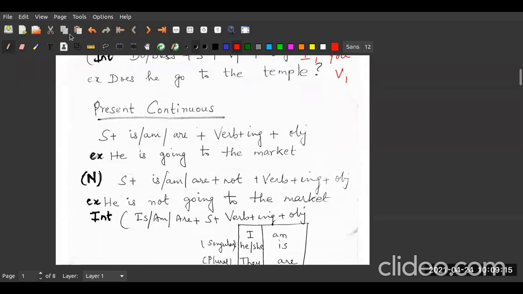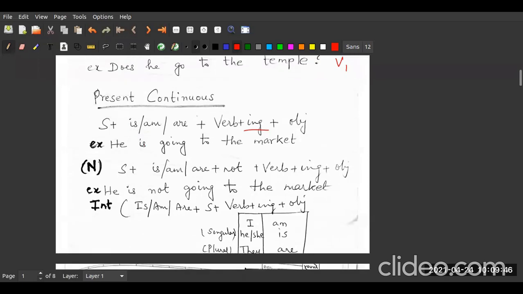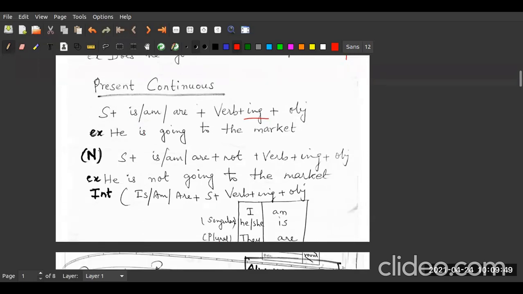Then the present continuous. In present continuous, whenever it is continuous, ing should be there. So you have to remember this: whenever you have continuous, you will use ing in the verb. Then you have to use is, am, are plus ing. This again depends on whether the subject is plural or singular.